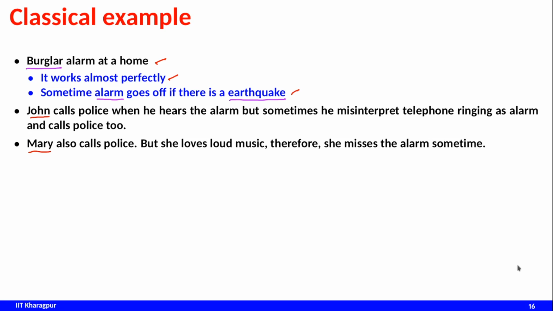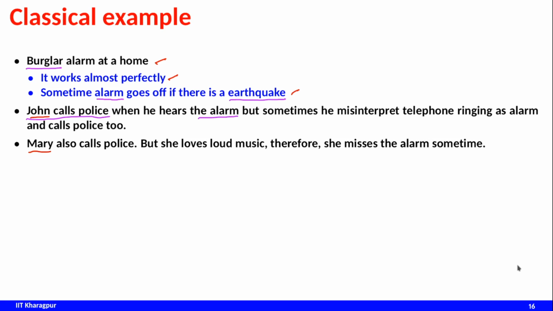Now, based on the alarm, John can actually call the police. So John calls police can be another event. Sometimes he misinterprets the telephone ringing as the alarm as well. We assume these two are mutually exclusive events.